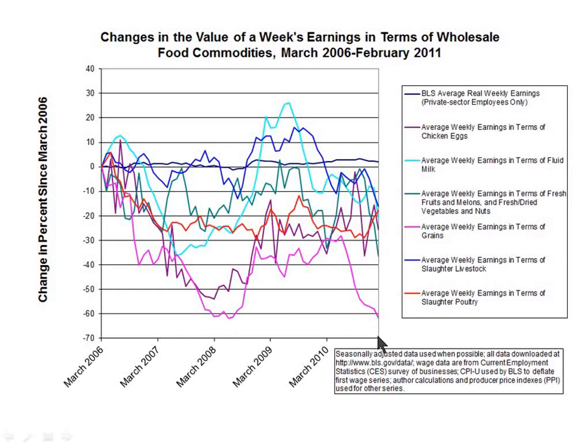And in Feb 2011, the average weekly earnings in terms of grains was also minimum. On the other hand, the BLS average real weekly earnings in private sector employees only was constant throughout the whole period. So in conclusion, we can say that the private sector employees' earning was constant during the whole period. On the other hand, the minimum changes took place in average weekly earnings in terms of grains.